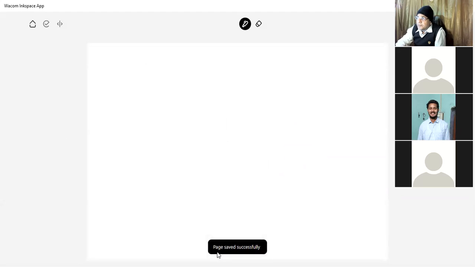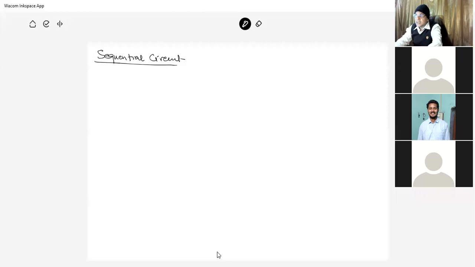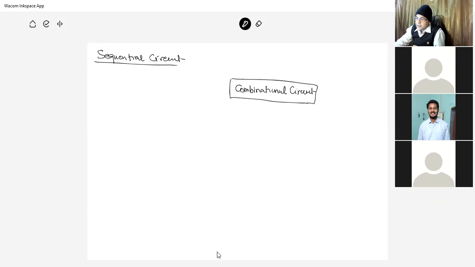Now, if you go for sequential circuit in detail, we can have the diagram something like: first a combinational circuit, then a memory unit, and then a clock unit.